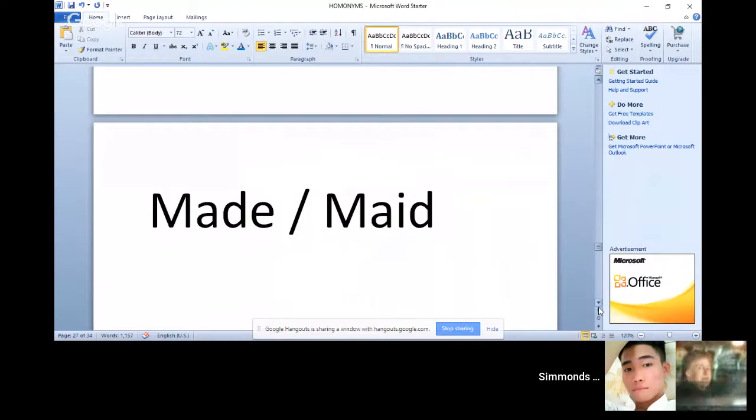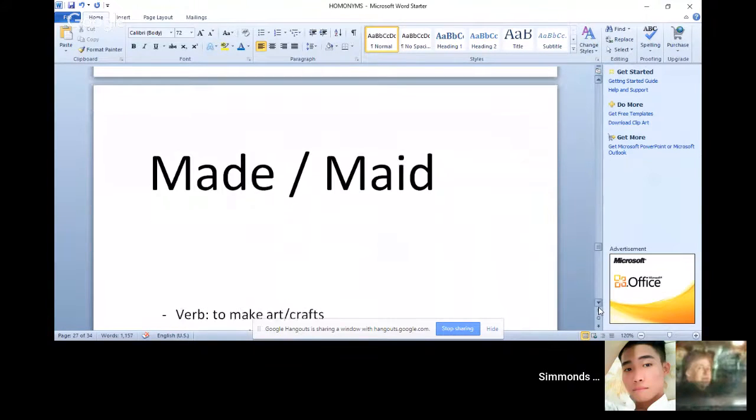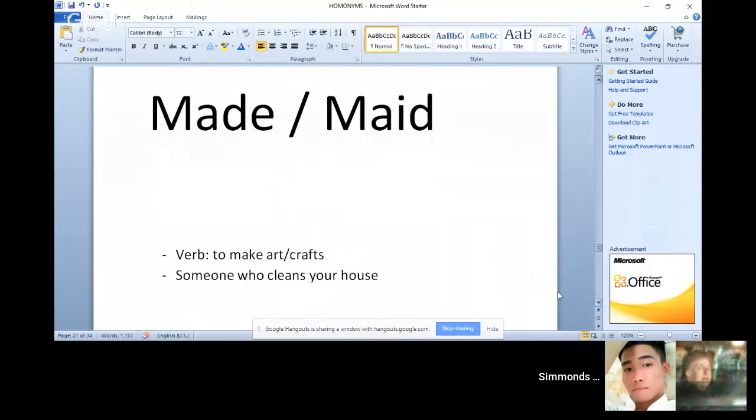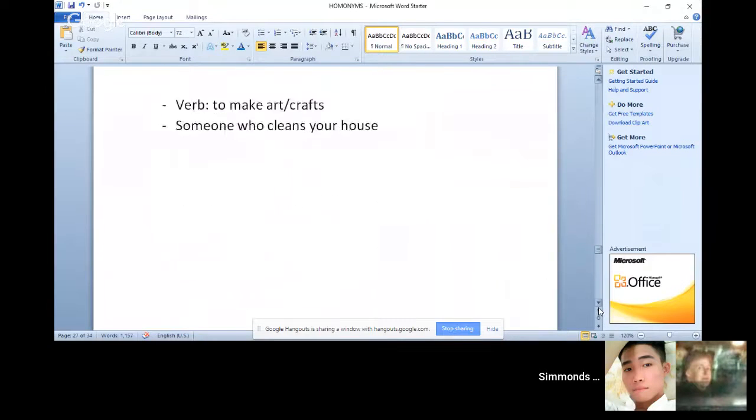And the second one is, how can I say, a helper, supporter of something, maybe the domestic chores. Okay. Yep, I'm going to agree with that. So a verb, yeah, that's what Knox said, to make art or to make crafts or something like that. Make your bed, lots of different things. In the past tense. And then someone who cleans your house for a simple explanation. So very good.